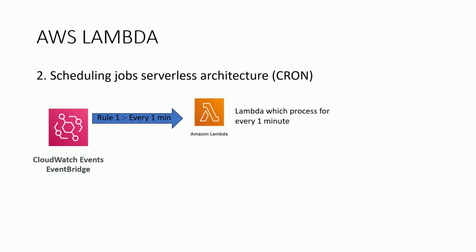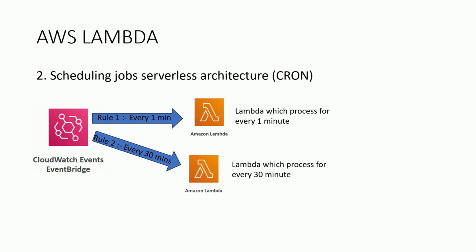That Lambda function processes some information from the database or somewhere, and does its custom logic. Similarly, we can create another rule in the same EventBridge and ask for every 30 minutes to process another set of files.